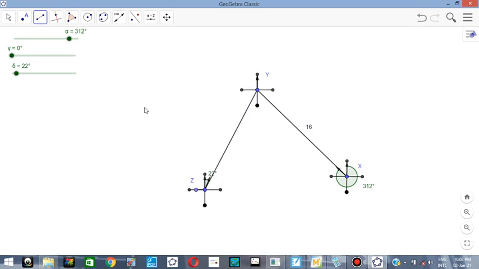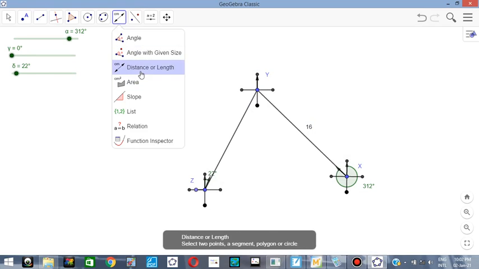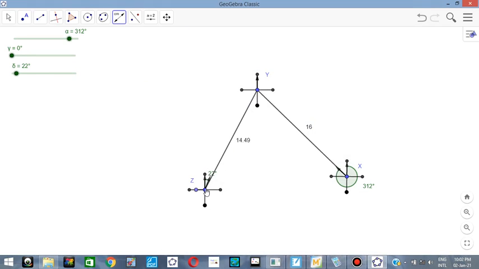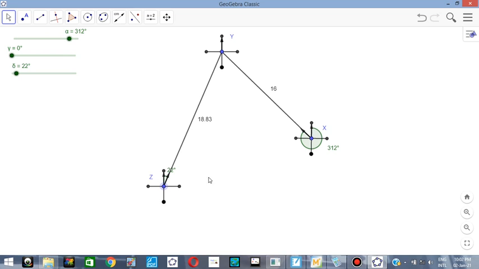So let me get my length. So I need the length of 25. We move it up, so now balance it. So 24, 25.